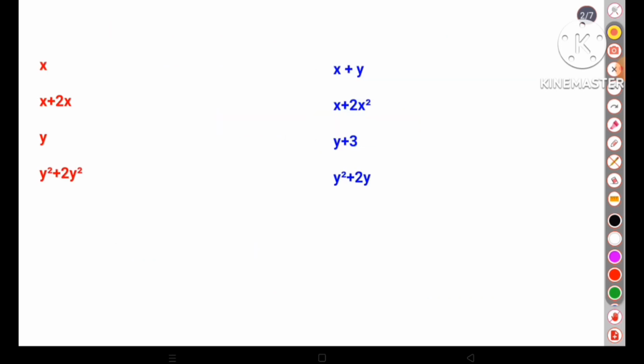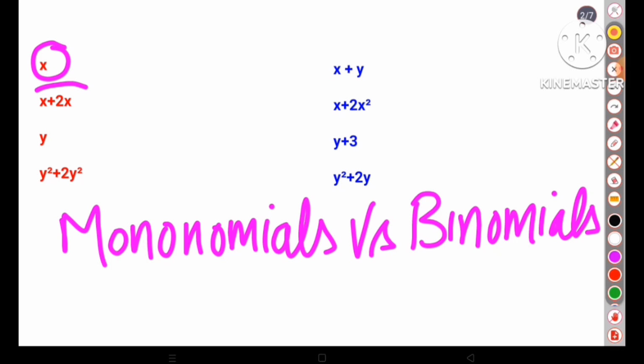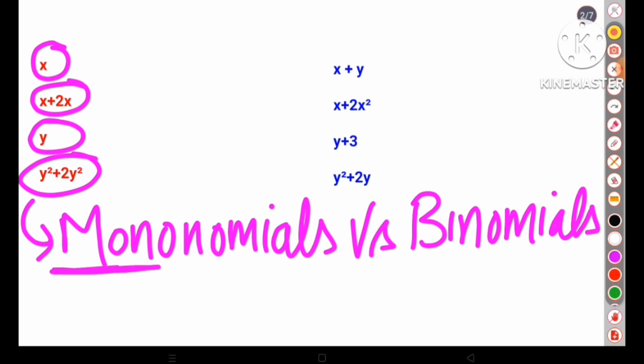First of all, what are monomials and what are binomials? Monomials versus binomials. Here are some expressions. For example, x, 2x, y and y square, 2y square. These all are monomials because monomial means the expression which has only a single term.